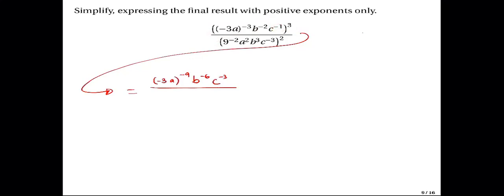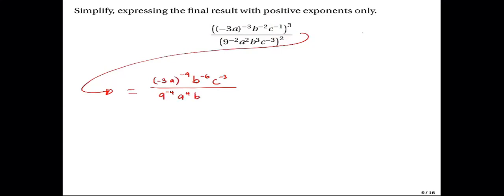And then on the denominator here, we distribute also. So 2 times negative 2 here, we will have 9 raised to negative 4. And then here you have a to the power 2, and then here 2, so you will have a raised to 4.